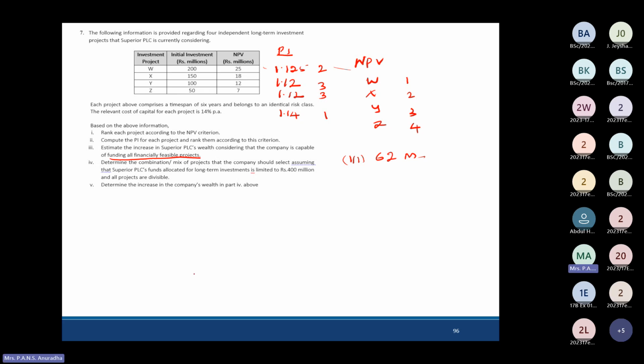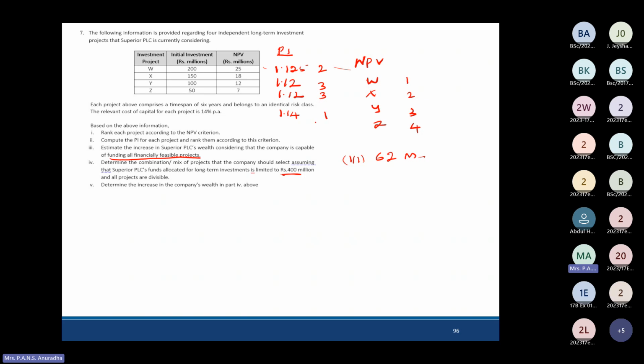Then determine the combination of projects that the company should select, assuming that funds allocated for the long term are limited to 400 million. Now the limitation is there, a fund constraint of 400 million maximum they can invest. So what are the feasible projects? Because the fund constraint is there, you can rank the projects according to the profitability index.